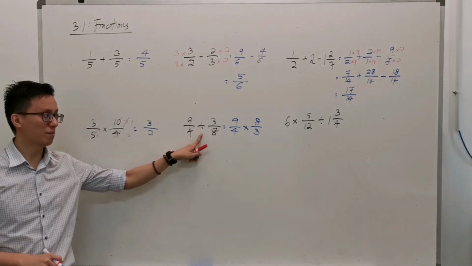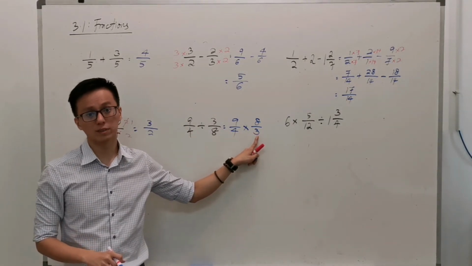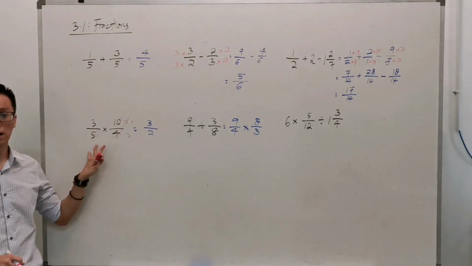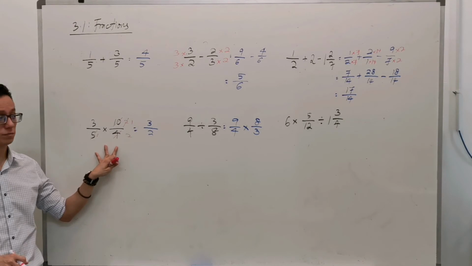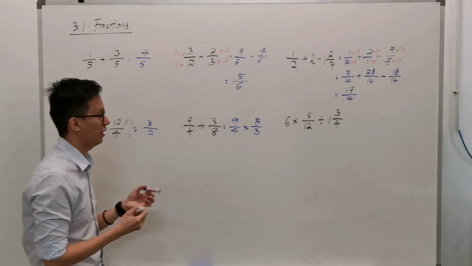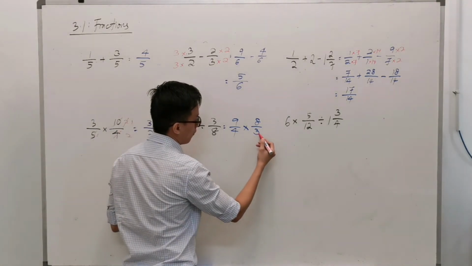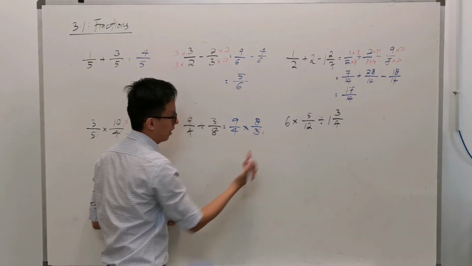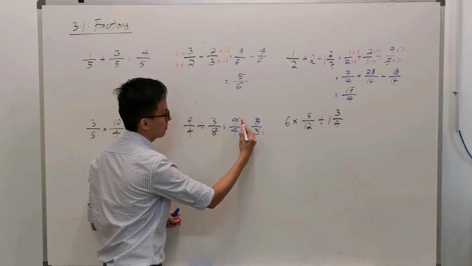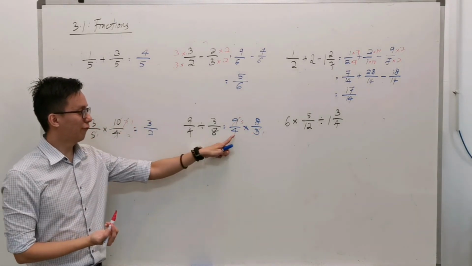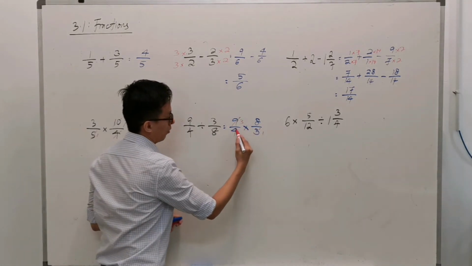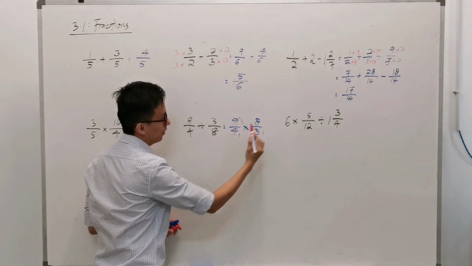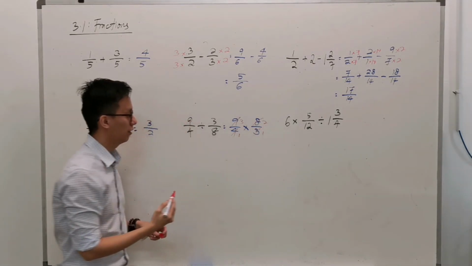For division, we must change the symbol first. After changing the symbol, we do the same as here. We do simplification. 3 and 9 can both be divided by 3. So here I will get 1, here I will get 3. 4 and 8, I will simplify. Divided by 4, I will get 1 here, I will get 2 here.